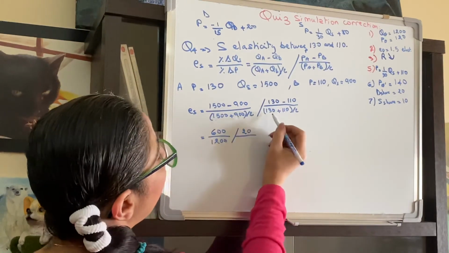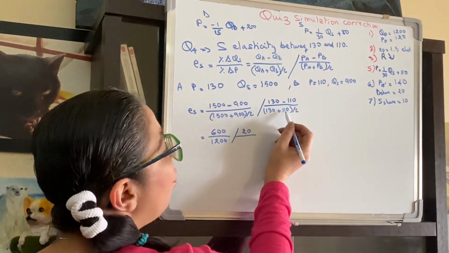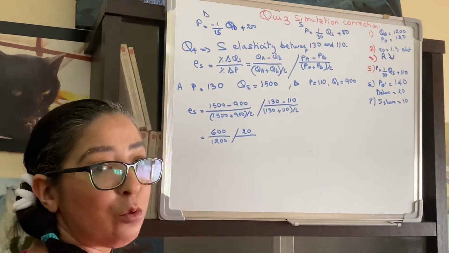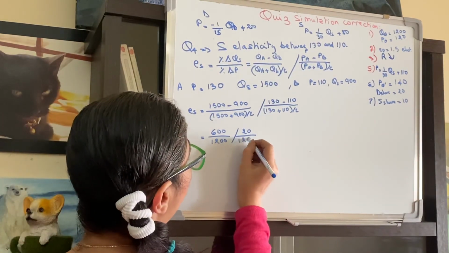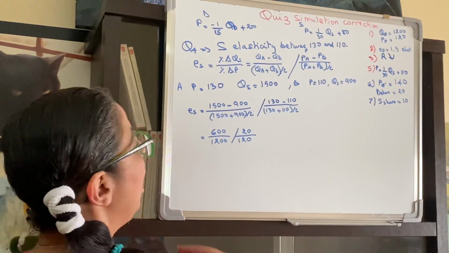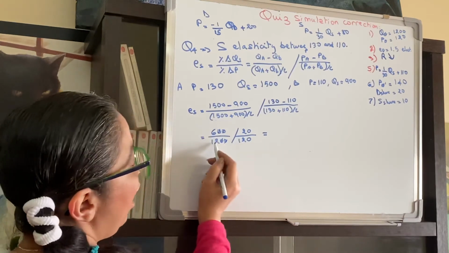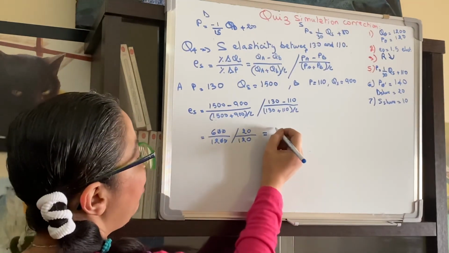That's where you have the difference. 130 plus 110, that's 240. 240 divided by 2, that's 120. So this is what you're going to have. Okay? Simplifying. I'm going to simplify by 6. That's going to give me 1 over 2.